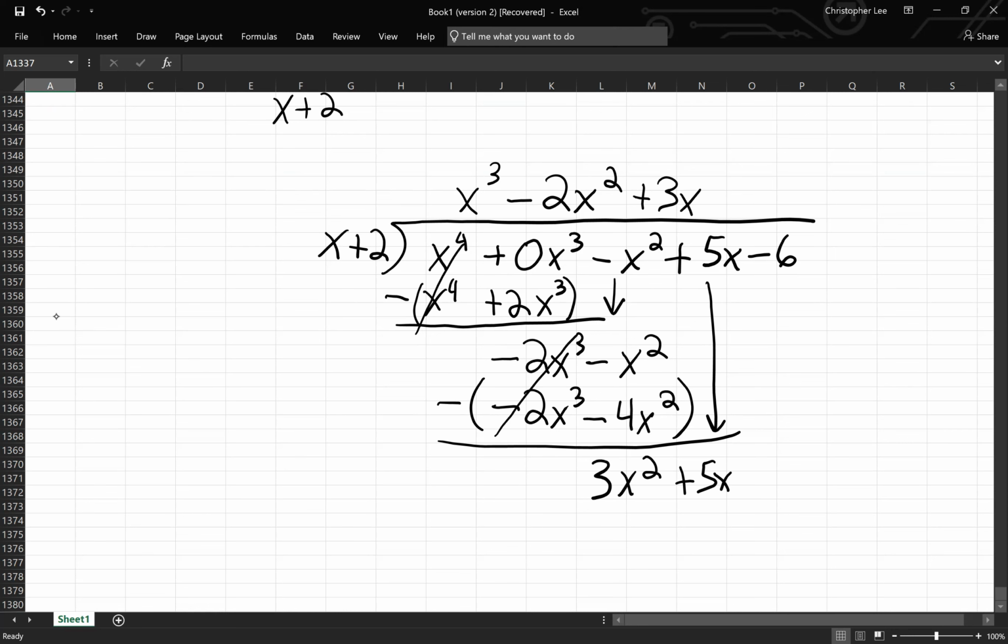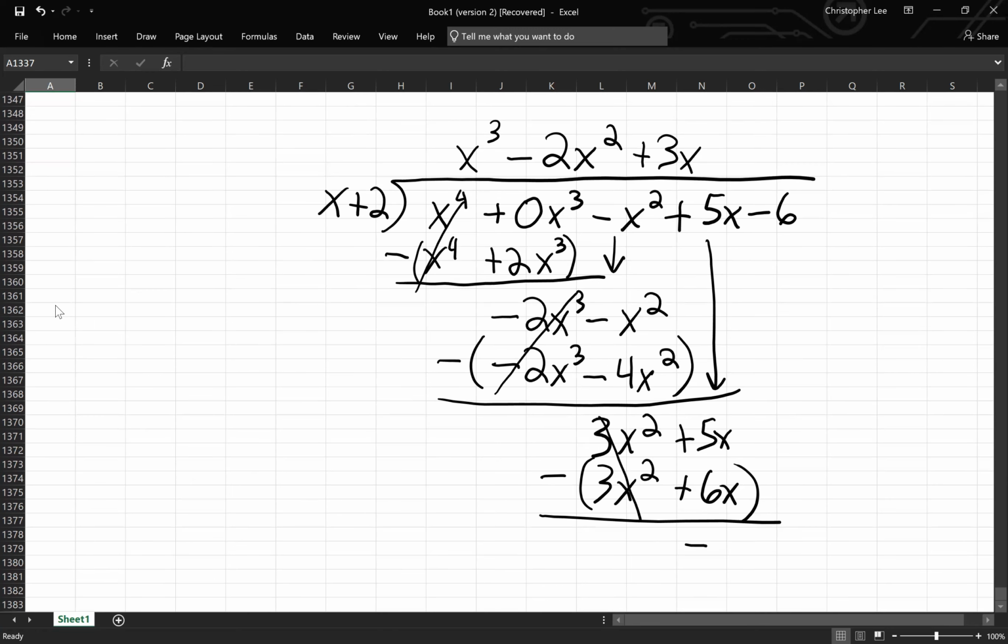So 3x times x is going to give me a 3x squared. And then 3x times 2 is going to give me a positive 6x. I'm going to subtract these. Now the 3x squared and the 3x squared will cancel out. 5x minus 6x is going to give me a negative 1x. And then I want to bring down that negative 6.